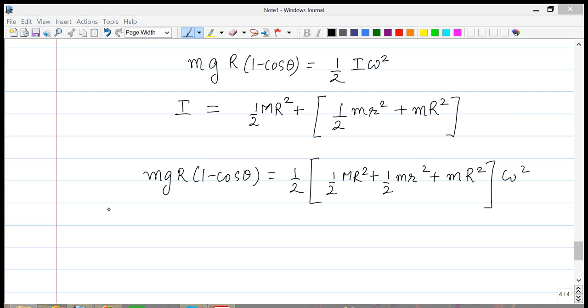So now, omega squared is equal to mgR. First we can multiply everything by 2.